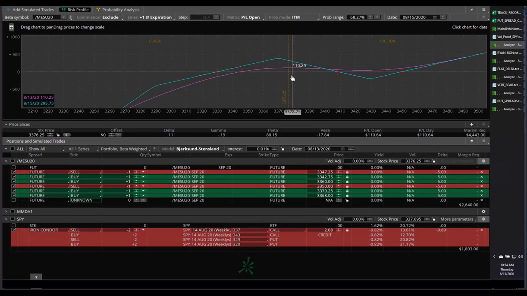Probably won't. I'll probably just get out early today if it starts moving up too high. If it moves much more than like 3390 or 3360, I'll probably just get out today. Okay, so I just want to show you how this trade works. And basically, it's very hard to lose money on this trade. So, okay, that's it. Just wanted to add that.